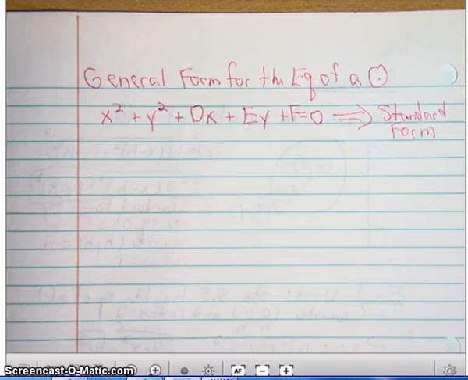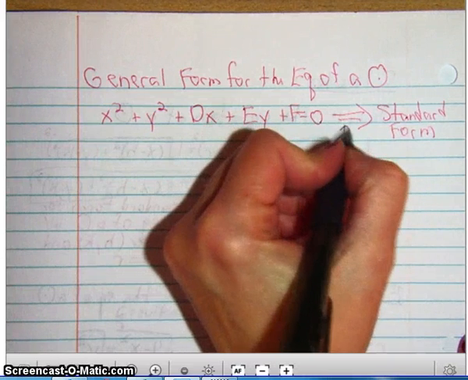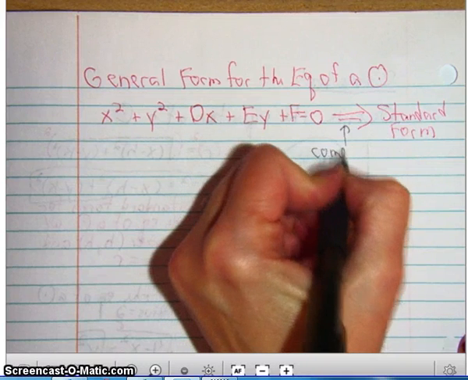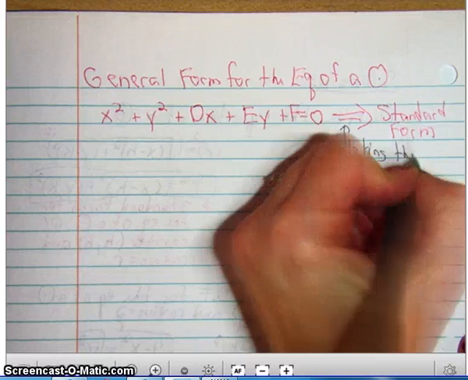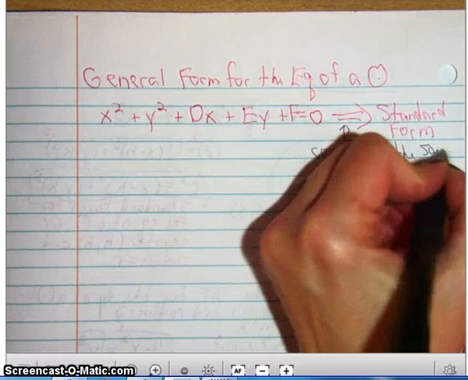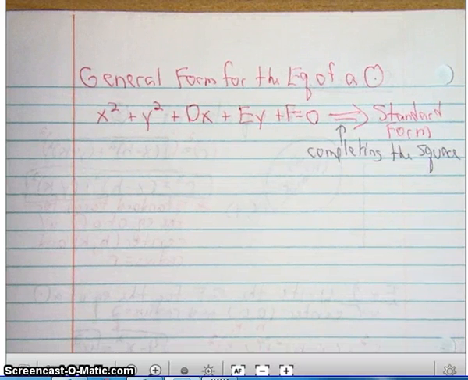The process is called completing the square. Once you get it into your standard form, you'll be able to graph it.